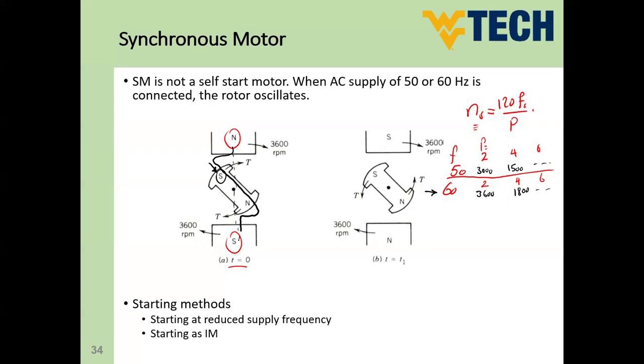So the mechanical time constant of the motion of the motor is much higher compared to the electrical one. How can we recognize that? For instance, if you have a light and you disconnect the supply from the light, it is going to turn off immediately. It will not take a very long time like a motor to stop. For that reason, the mechanical time constant is more than the electrical time constant. And by the way, the thermal time constant is much higher compared to both mechanical and electrical.